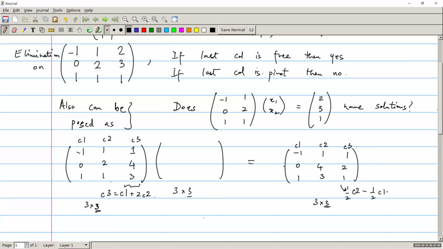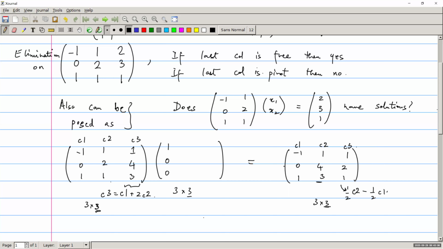Now column 1 of the product is the same as column 1 of this matrix. So what should go into the first column of this matrix? 1, 0, 0, because it just says 1 times column 1 plus 0 times column 2 plus 0 times column 3. Column 2 of the product is column 3 of this matrix.